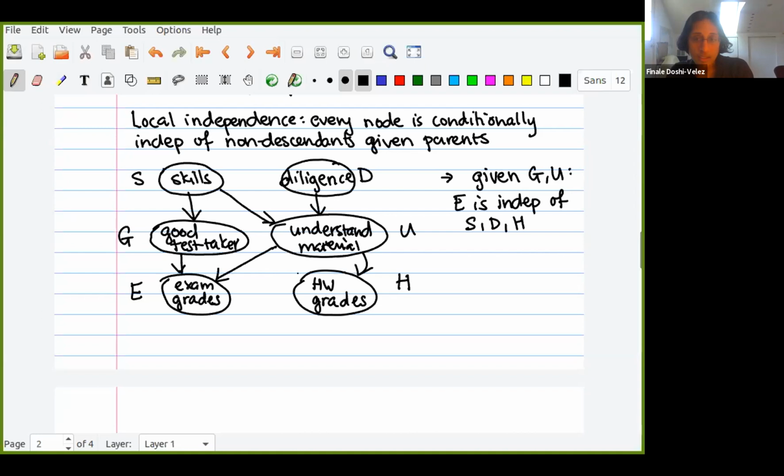So that seems to make sense. Let's try a couple of others. So given S, so you know something about, let's assume these are all binary at the moment, that someone has relative skills for the course, are G and U independent?